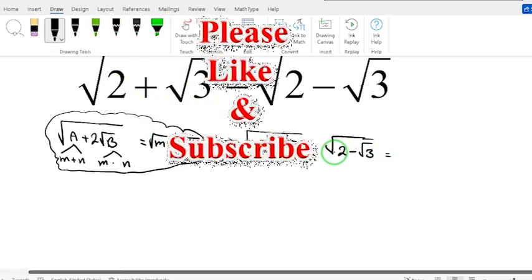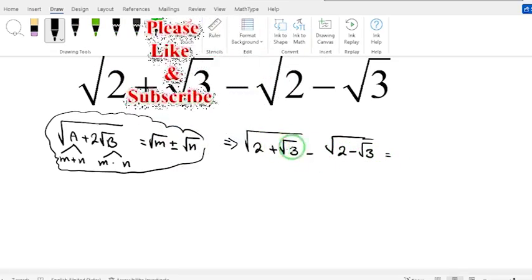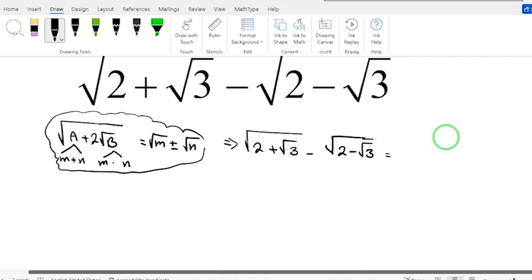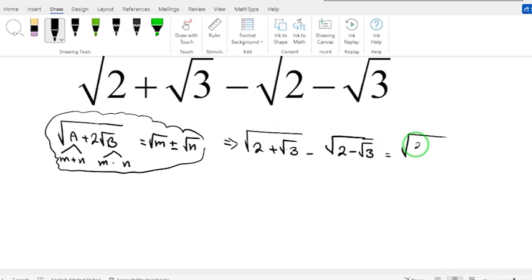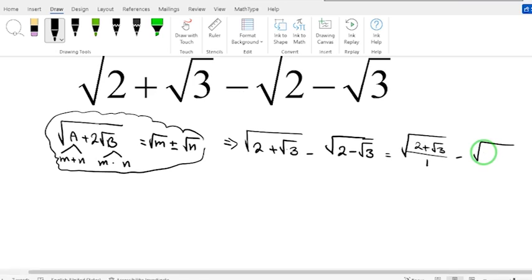So how can we change the form of this expression? Pay attention. We can write 2 plus square root of 3 over 1. Also the same here, 2 minus the square root of 3 over 1.